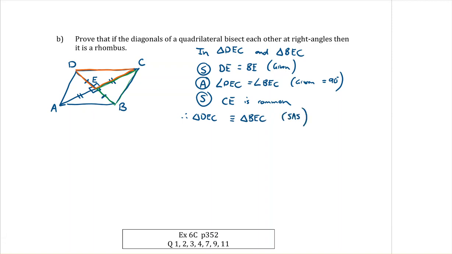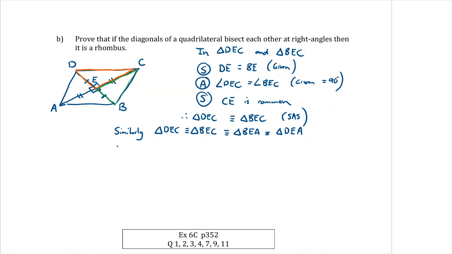Now, I'm not going to do the proof over and over again for all four triangles. I'm just going to say, similarly, triangle DEC is going to be congruent to triangle BEC. They're the ones that I just proved. But that's also going to be congruent to BEA and also congruent to triangle DEA, because all four of those triangles have the same angles, the same right angle and the same side markings for SAS.